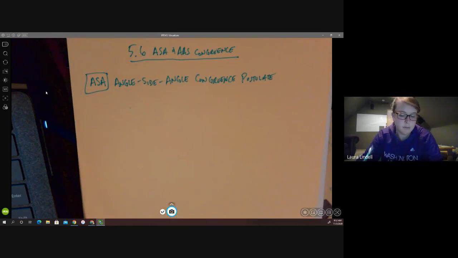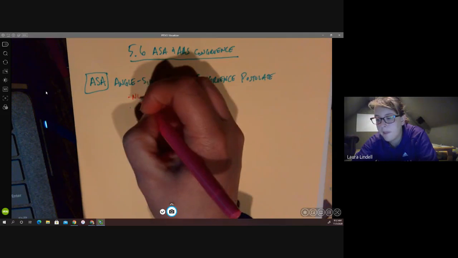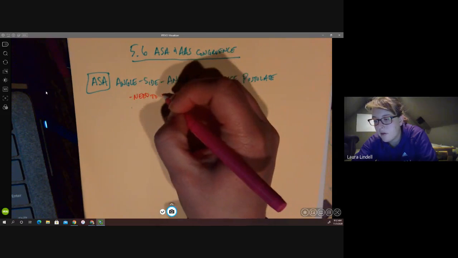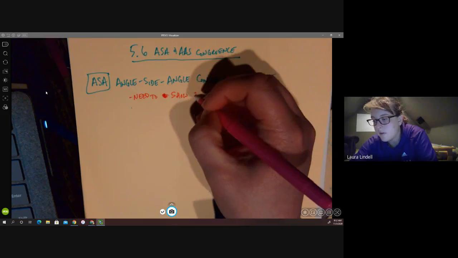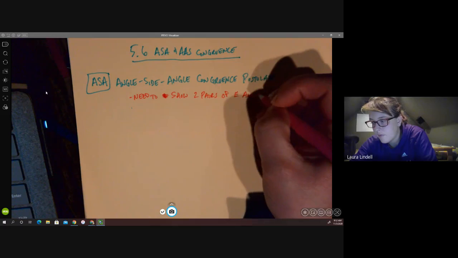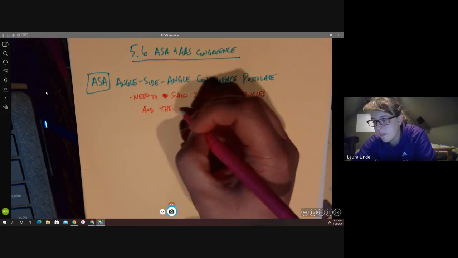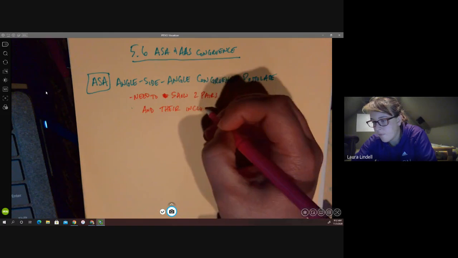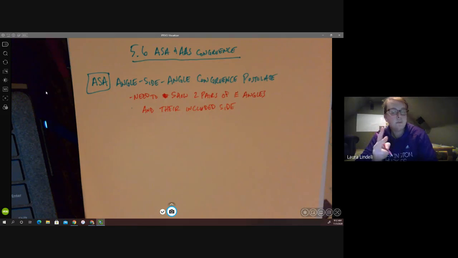Angle, side, angle, congruence postulate. So in order to have angle, side, angle congruence, you need to show two pairs of congruent angles and their included side.